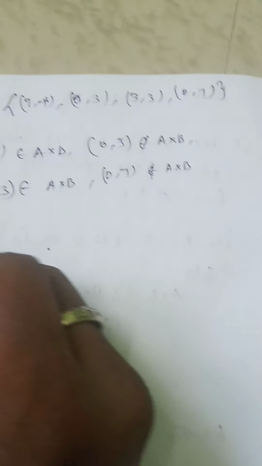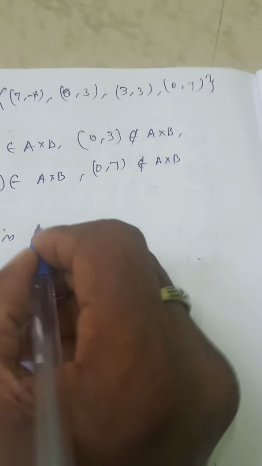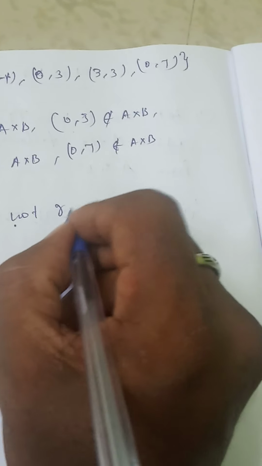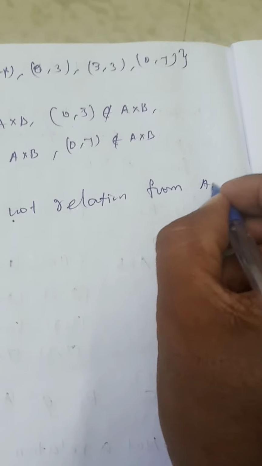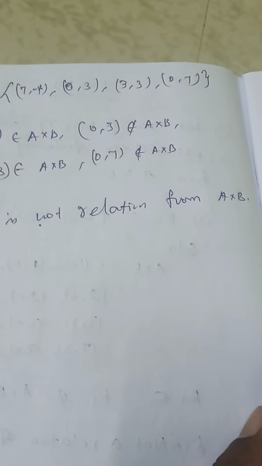Therefore R4 is not a relation from A to B. That's all. First subdivision over, first Roman over.